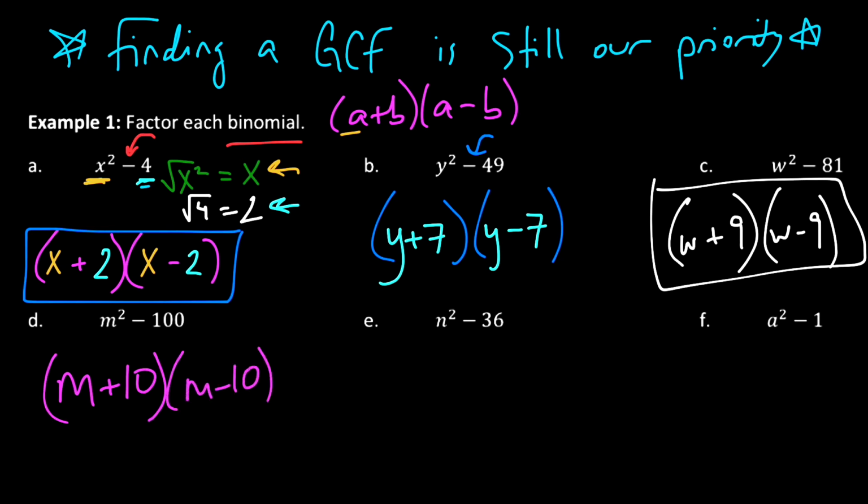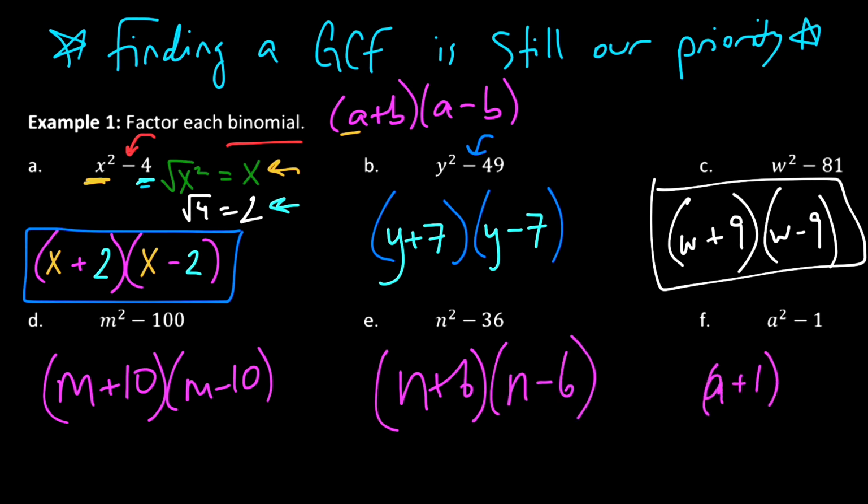There's really not a whole lot for me to explain here. So essentially, it's just, can you recognize when these problems are set up for us to factor them in this way? So there's D, E, and F right there. I want you guys to try G, H, I, J, K, and L right now. Go ahead and pause the video, give those a shot, and then you can check your answers with me.